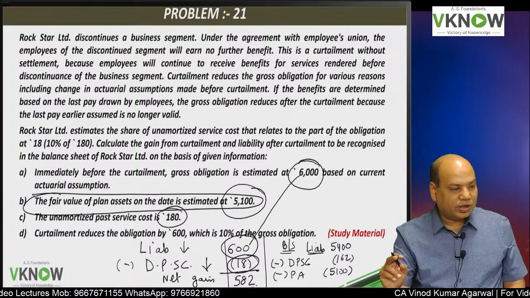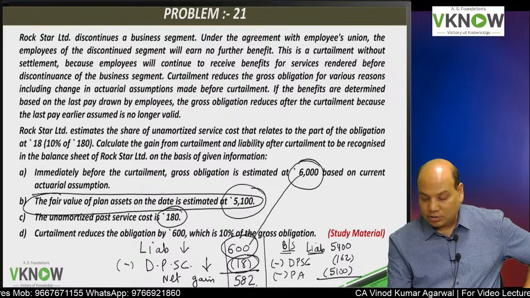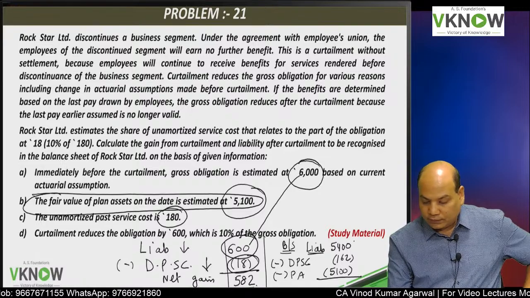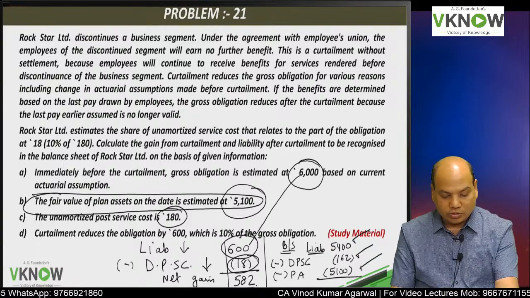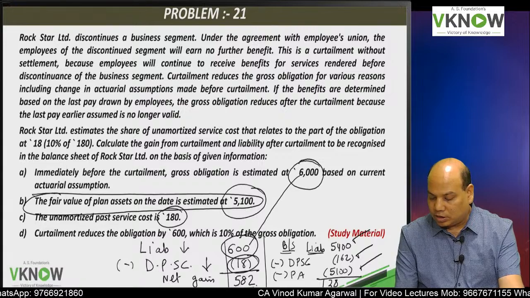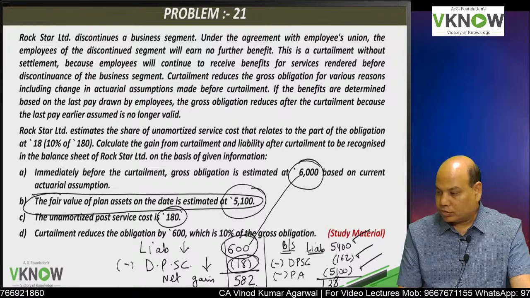Nothing changed in plan asset. So now the revised net liability would be 5,400 minus 162 minus 5,100. So the revised liability in the balance sheet would be now 138. So this is the answer.